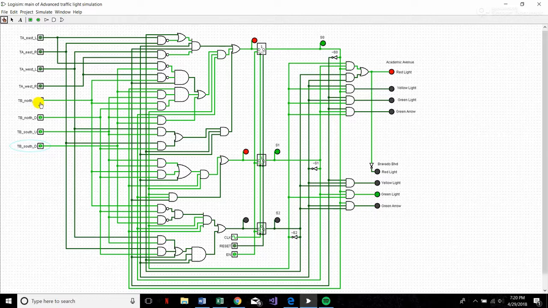And I'm going to run through the different inputs that would relate to next state behavior.